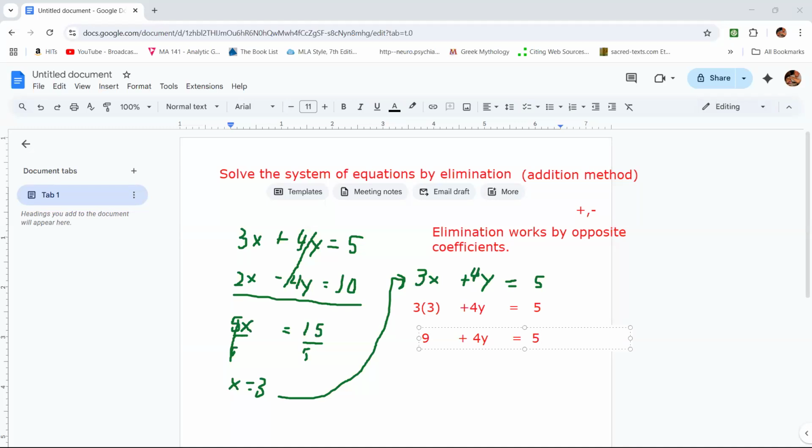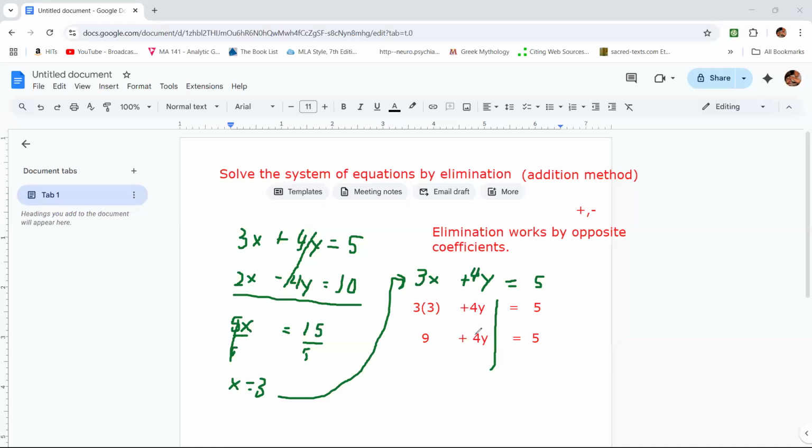Now, I'm going to solve this equation. And if you'd like, you can use another color, or you can use your line to help you.